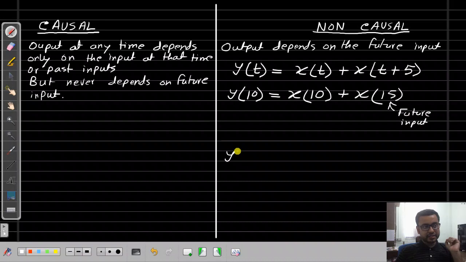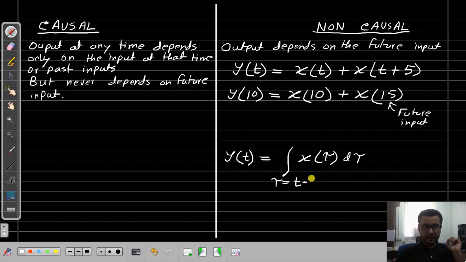Another possible example could be that y(t) is equal to the integration of x(tau) d tau, tau running from, say, t minus 5 to t plus 5.